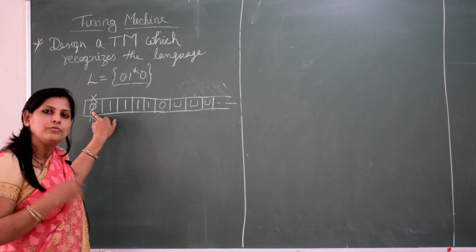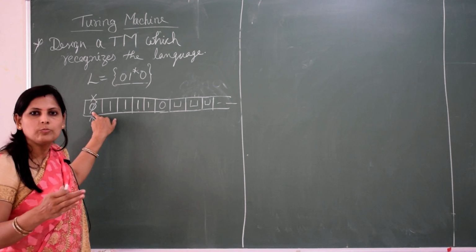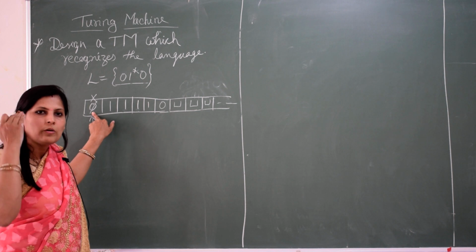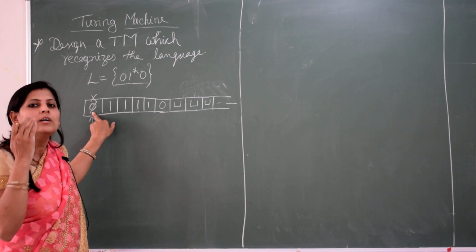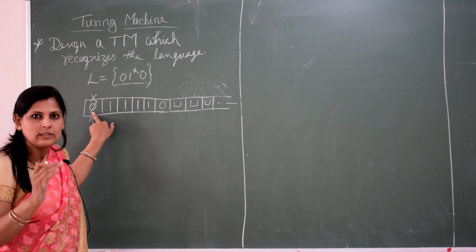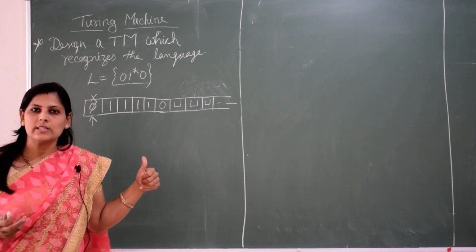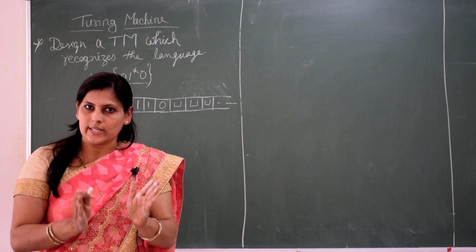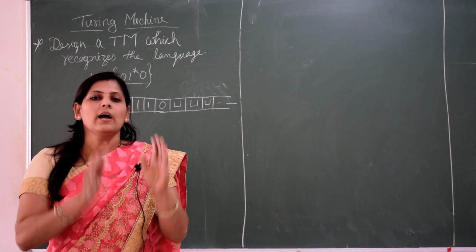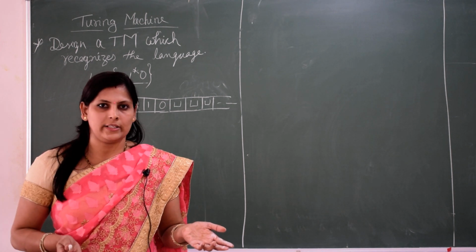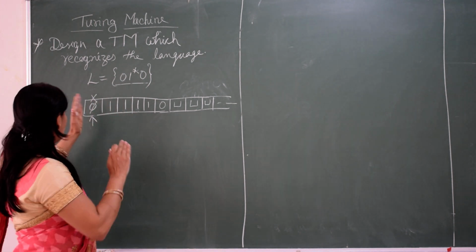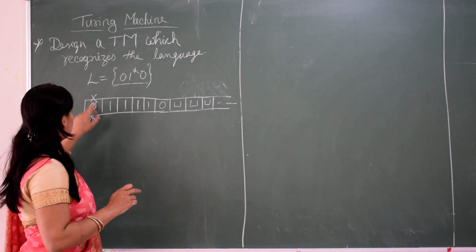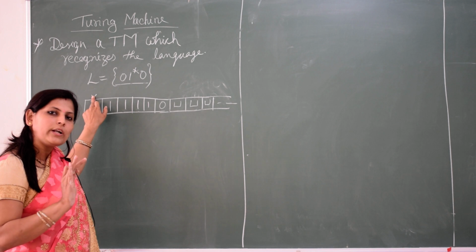Before scanning all the input, we have to think which pattern we should select. So, in this case, if I get 0, I will convert it into X. If I get 1, I will convert it into some other character. Here I got 0, I am converting it into X. Then what do I want?